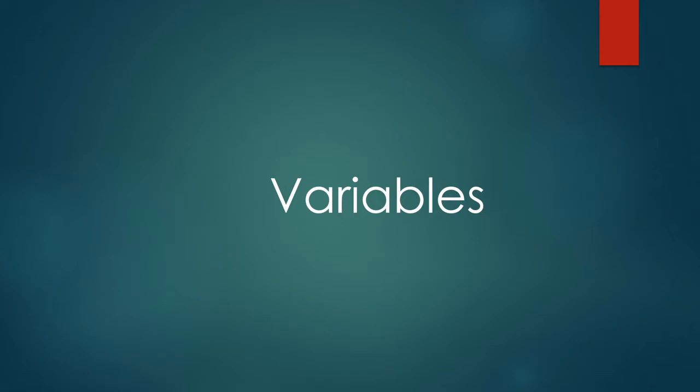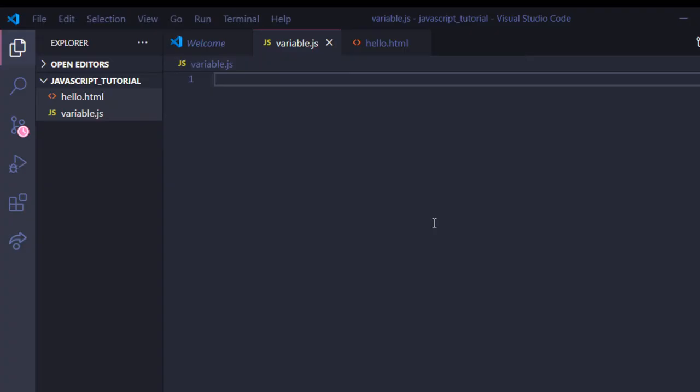So we will go now to our variables. Let's get started. Variables are used to store names and their values. JavaScript declares variables by using a keyword called let.